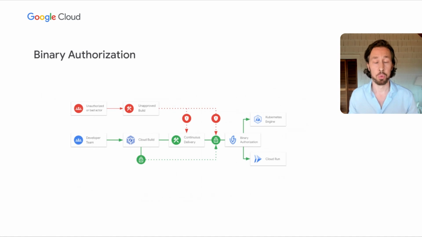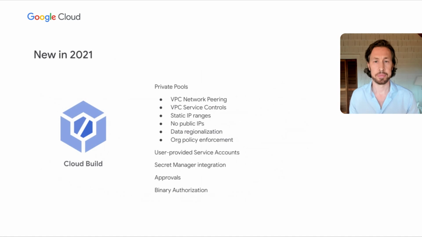Lastly, Cloud Build will create and sign an attestation for each image that it builds, saying that it was built by Cloud Build, allowing it to pass the binary authorization verification process and get deployed out to our environment.